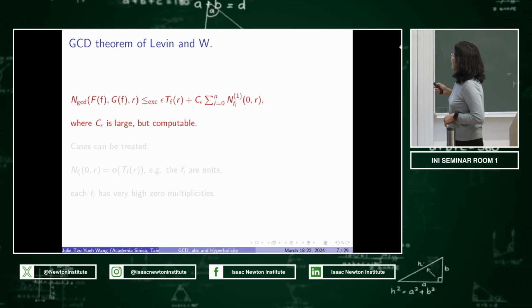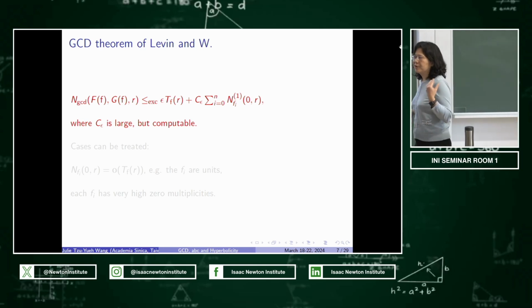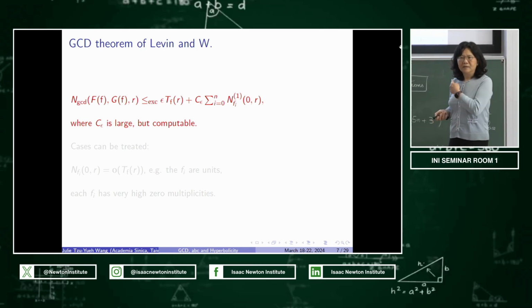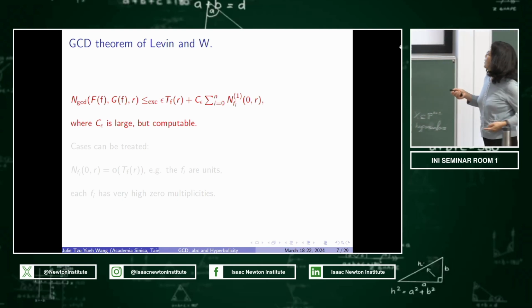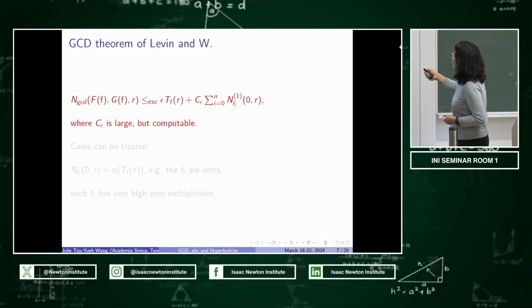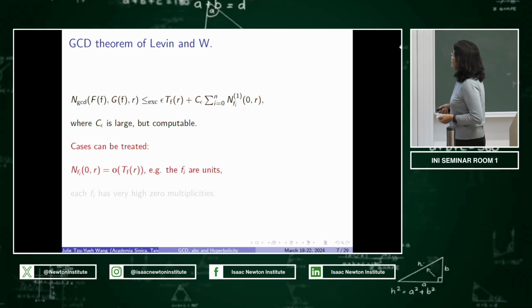Okay, but even this is large, but as you can see, there are some cases you can treat here. So, for example, if Fi is a unit, if Fi is like an exponential, has no zero, no pole, then you don't have this term. So somehow we can control this term by making some assumption on the entire curve. So for example, if Fi are units, they are gone.